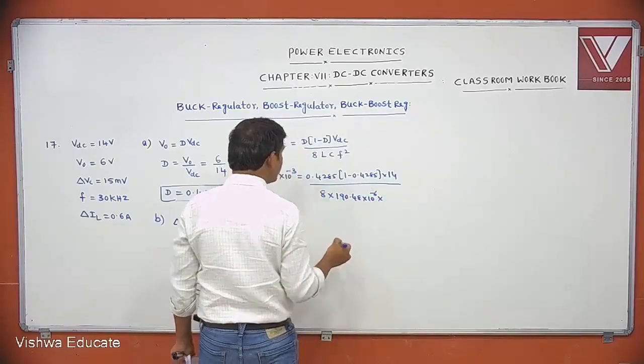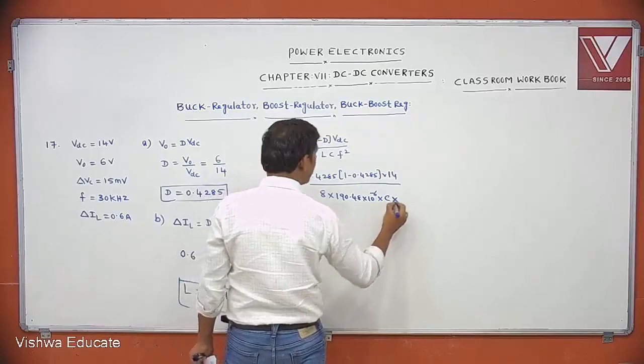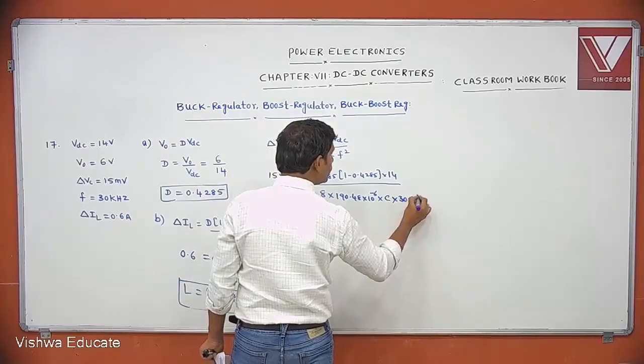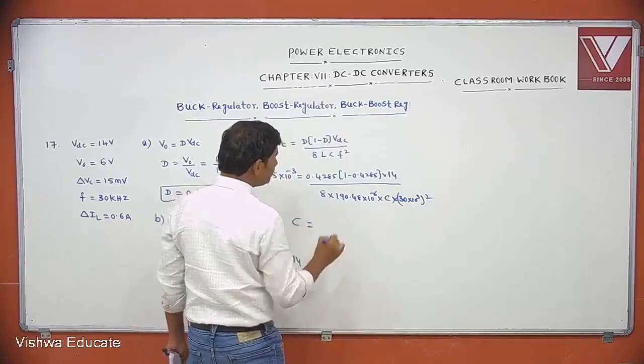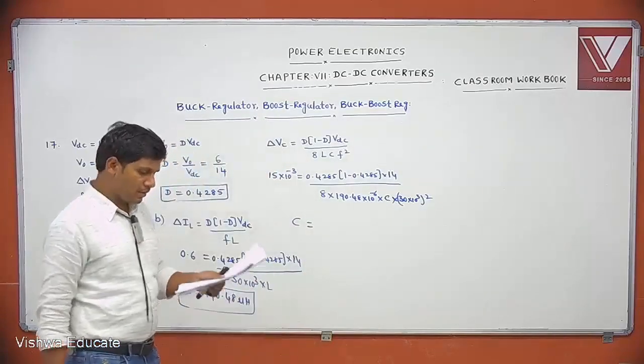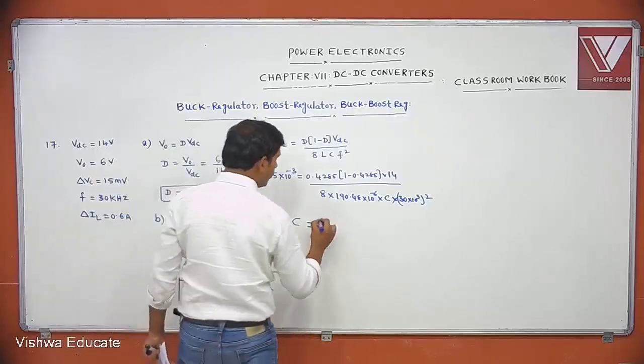See, what is the capacitance value you calculate? Frequency is 30 kilohertz, 30 into 10 cube whole square. From this you calculate C, the filter capacitor. By simplifying, we get 166.67 microfarad.